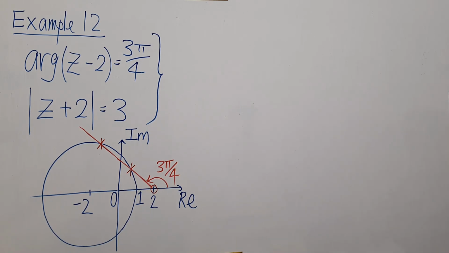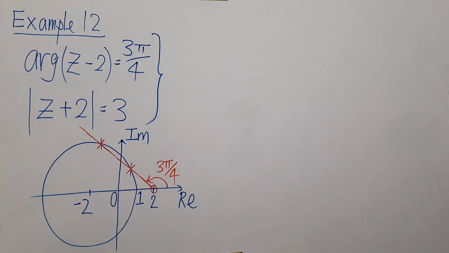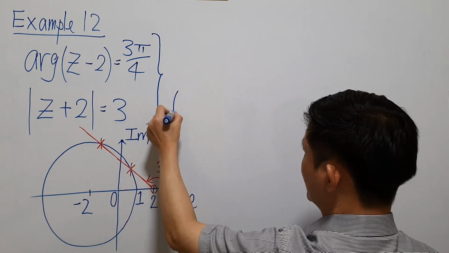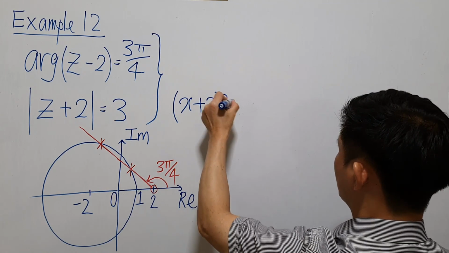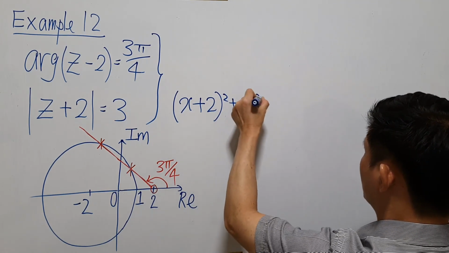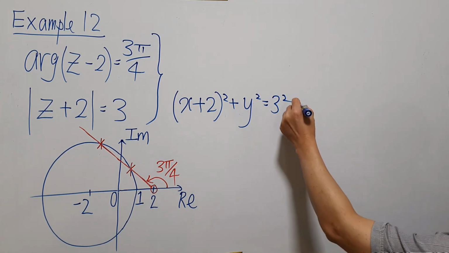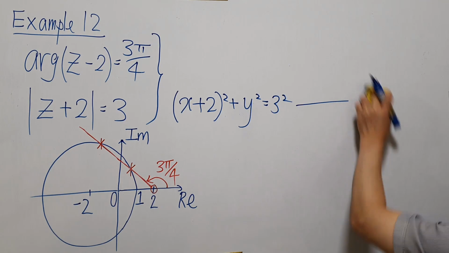One other way is to first convert them into their Cartesian equivalent. So let's convert these two equations into the Cartesian equivalent. This first one, the circle, is quite simple. It is just x plus 2 squared plus y squared equals 3 squared. This is the equation of the circle. Let's call this equation 2.